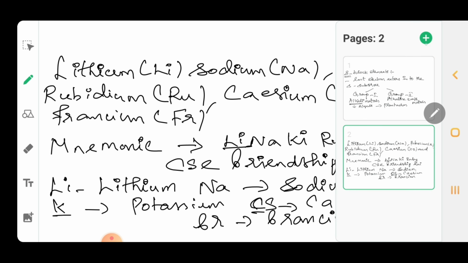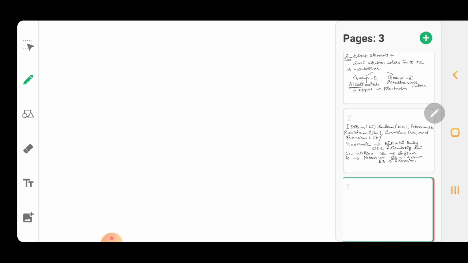Okay, we will move on to the next group, that is alkaline earth metals.